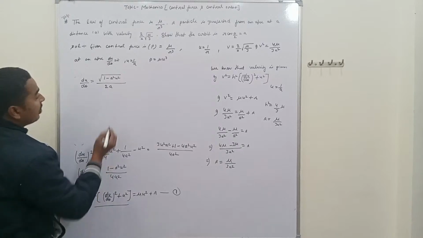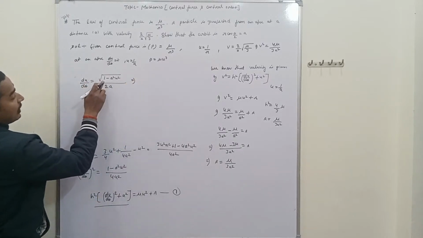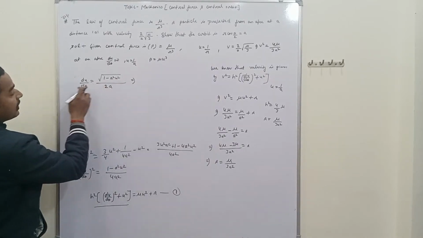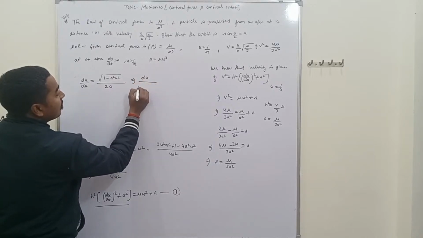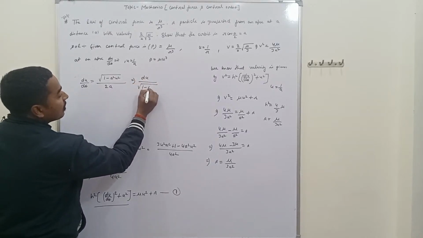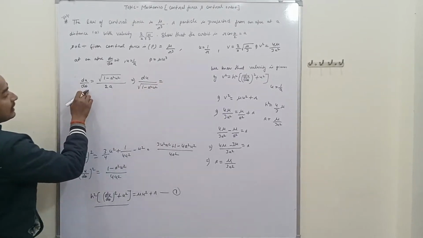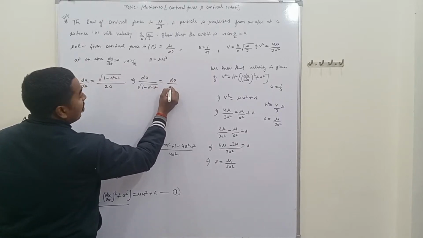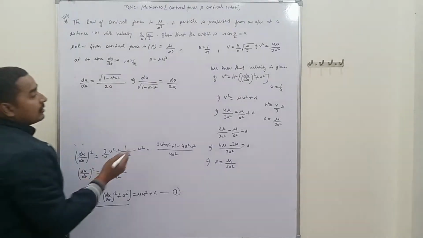From here we can also write, under root of 1 minus a square into u square is taken into the denominator of du, that is du upon under root of 1 minus a square u square is equal to d theta upon 2, by cross multiplication.